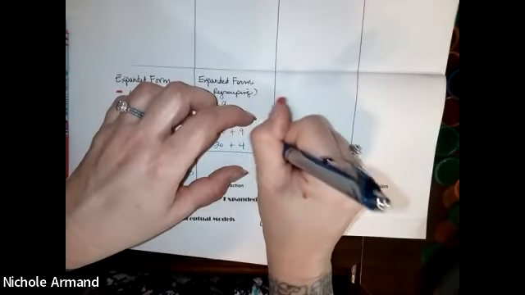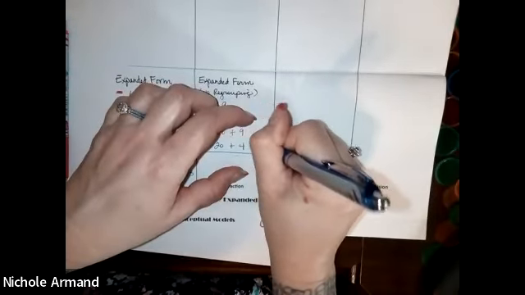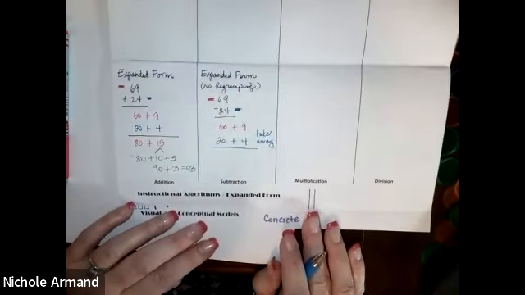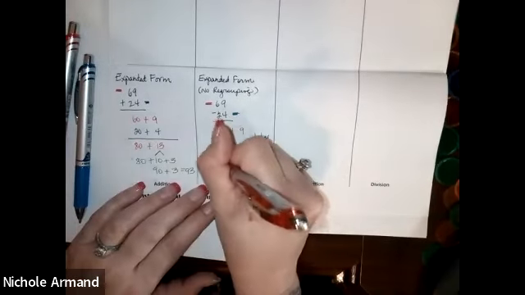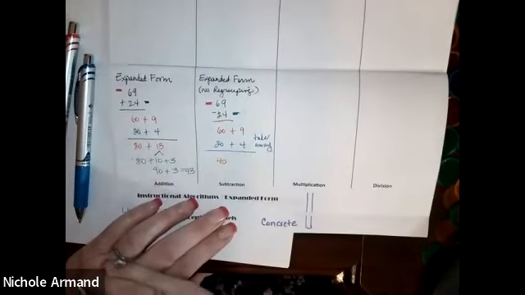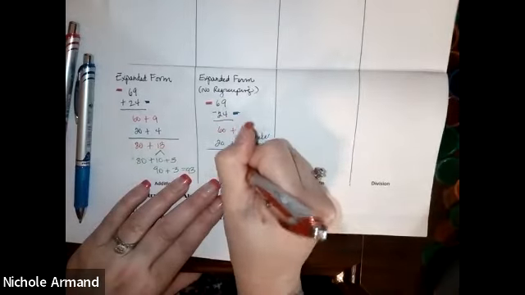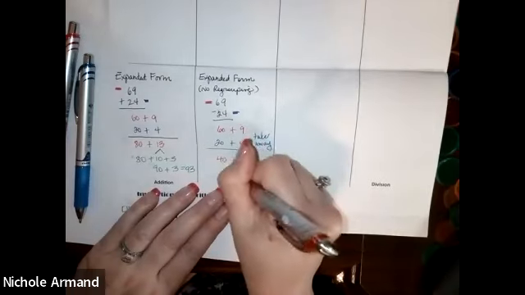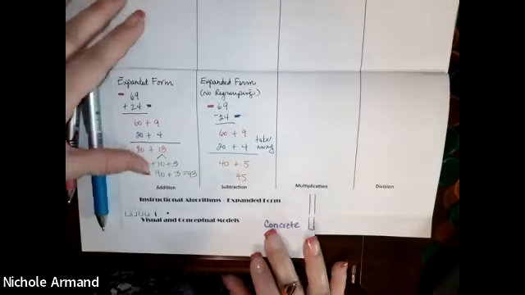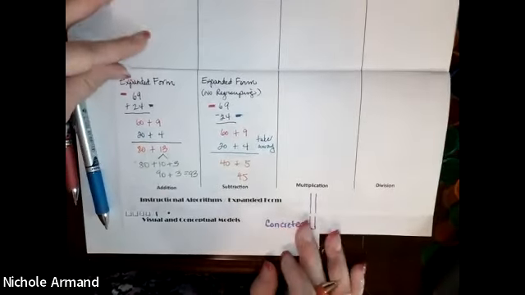But this time we're going to remember that this is take away. So we're going to be subtracting these. And so we're going to have 60 minus 20 is 40, and 9 minus 4 is 5. And we'll have 45.